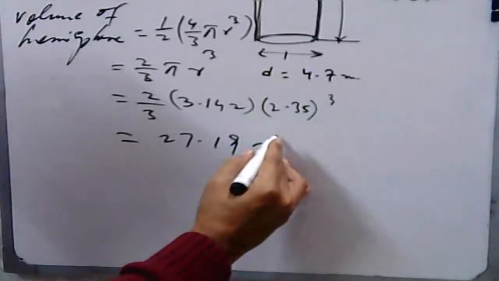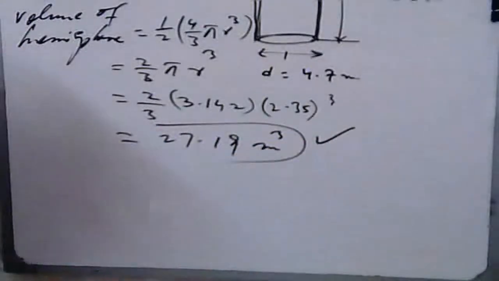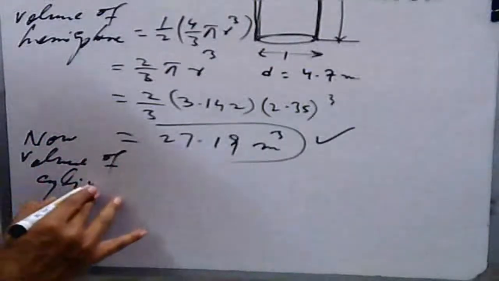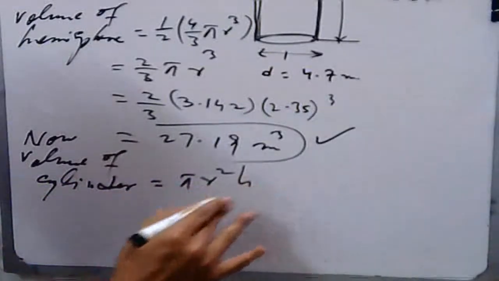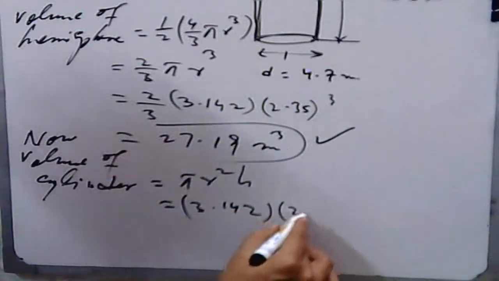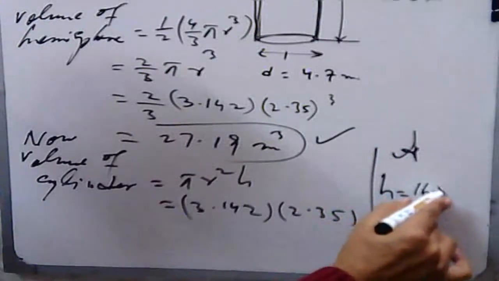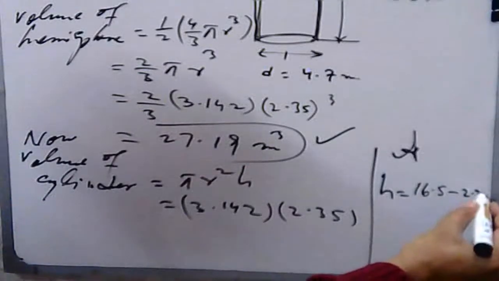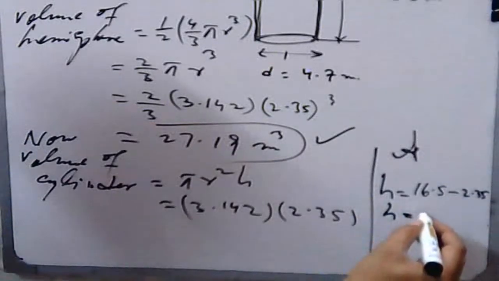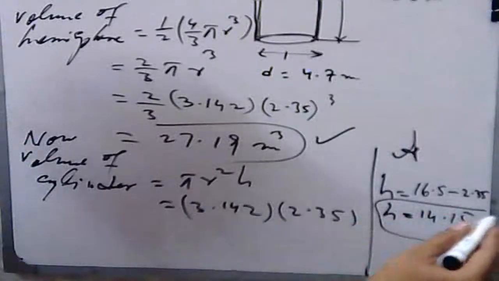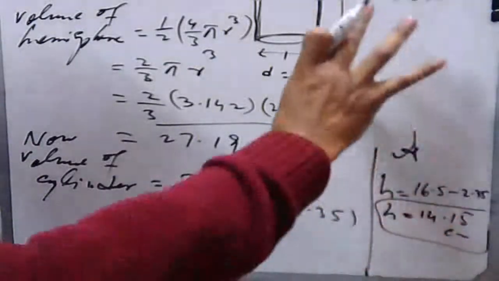Putting in the values, the cylinder has r equal to 2.35, and the height is 16.5 minus 2.35, which gives 14.15. In the given figure the total height is 16.5, so we subtract the hemisphere's height, 2.35, from the total height to get the height of the cylinder.